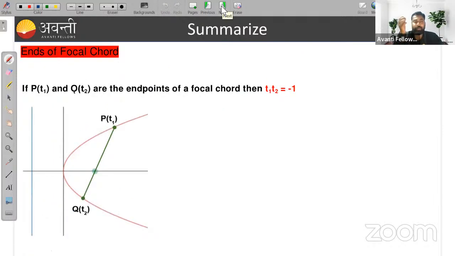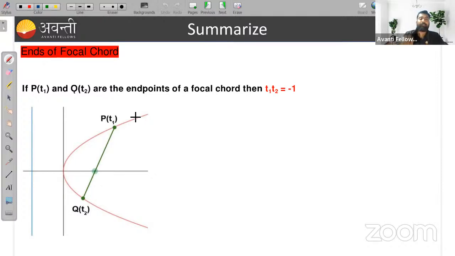Now we'll find the end points of the focal chord. Suppose PQ is a chord which is your focal chord, and the parameter of the point P is t1 and the parameter of point Q is t2.